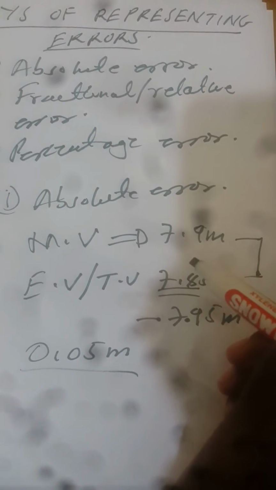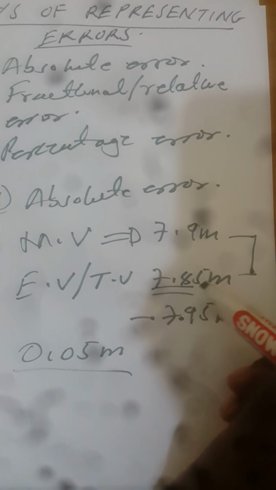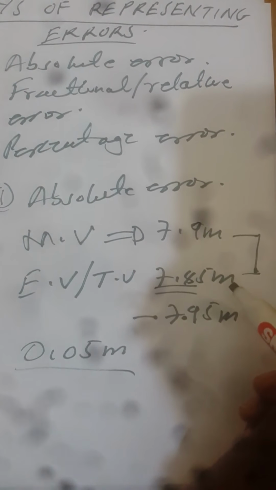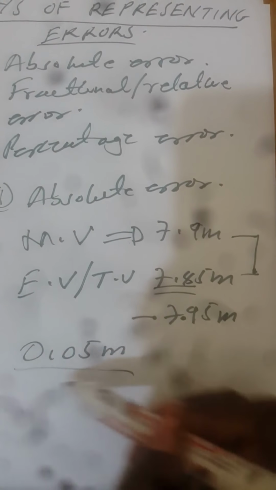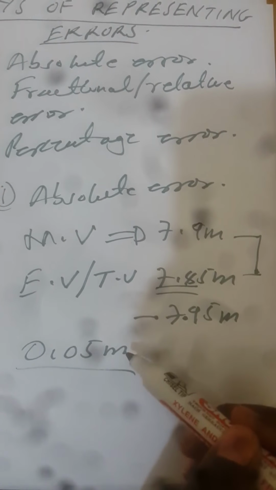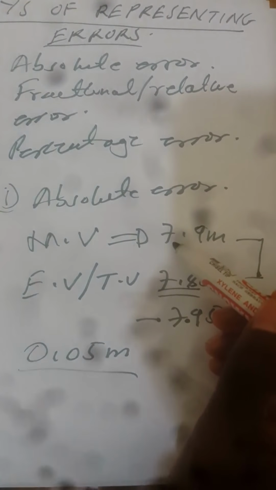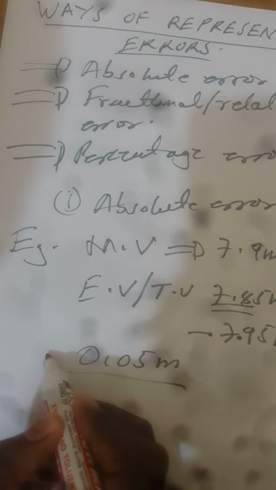In order to obtain the exact value, which is 7.85 meter, we have to subtract this 0.05 meter from our measured value, which is 7.9 meter. That's why we put a negative sign here.